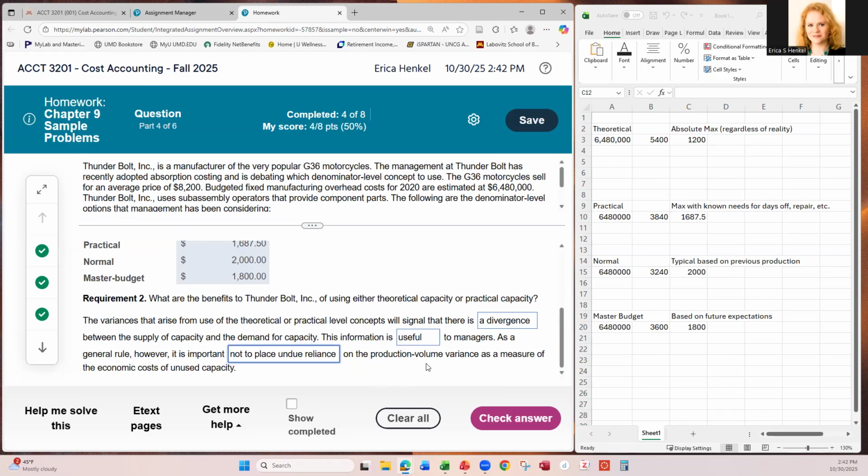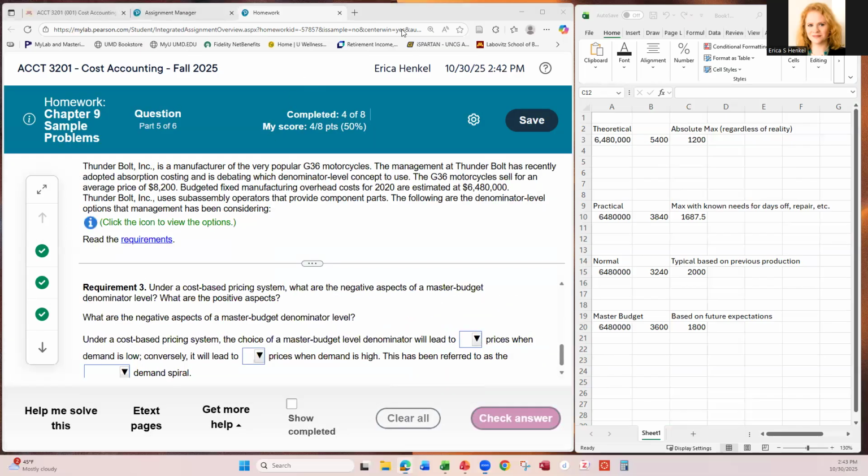That production volume variance, the difference between what we budgeted for our overhead versus what we allocated out, is telling us that if we're not allocating it all out, it's because there's a difference between what we were capable of using and what we actually ended up using and allocating.